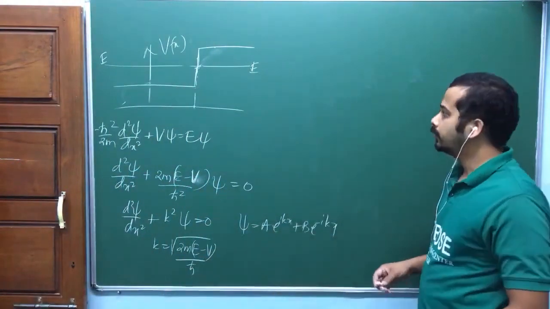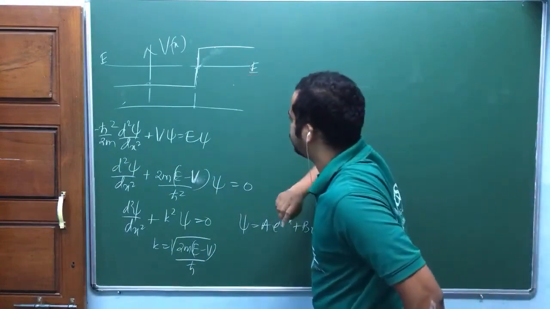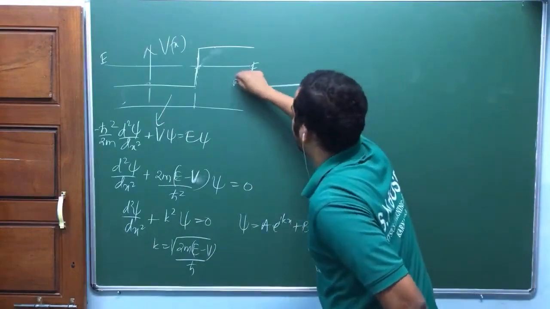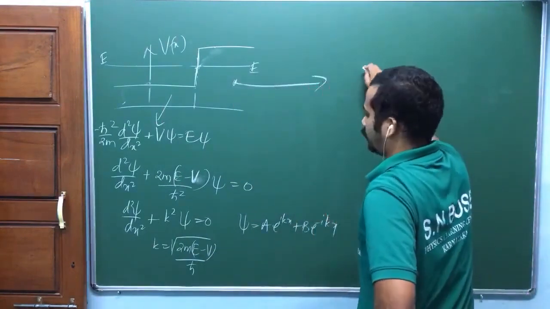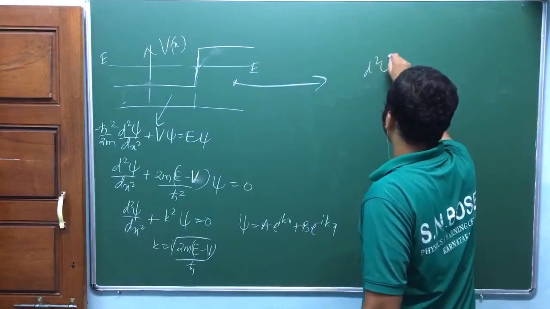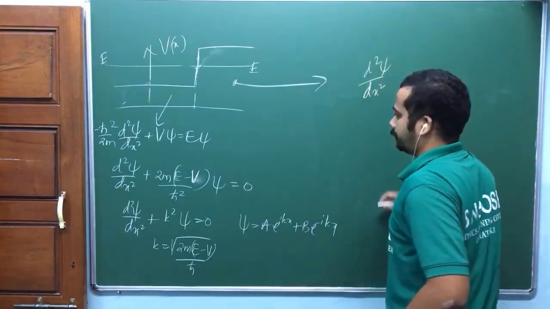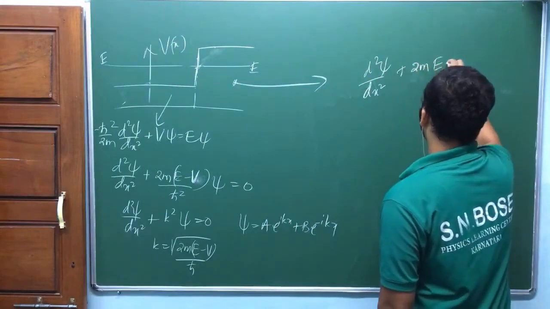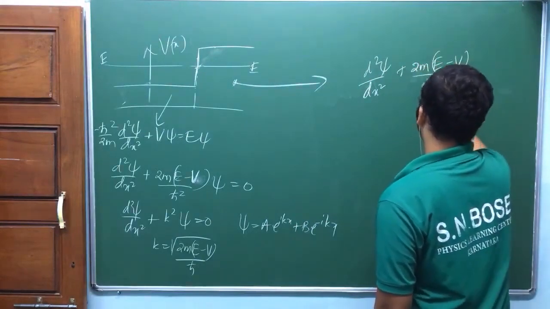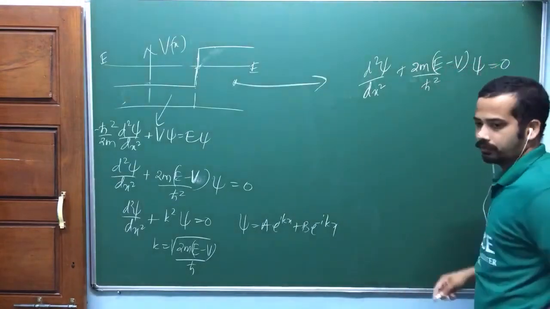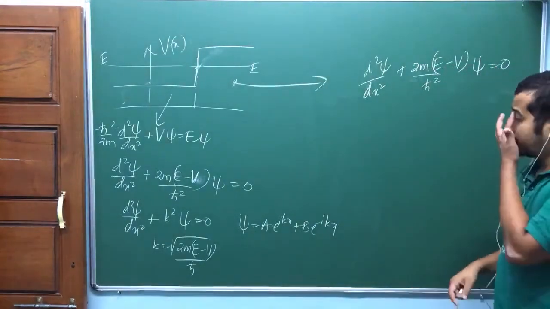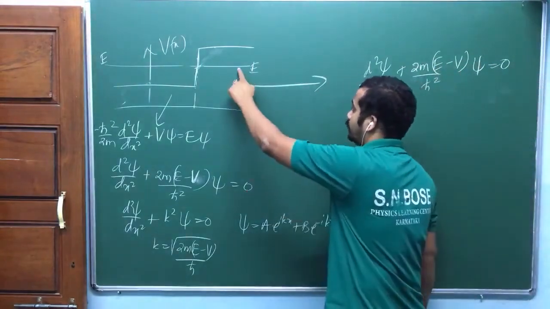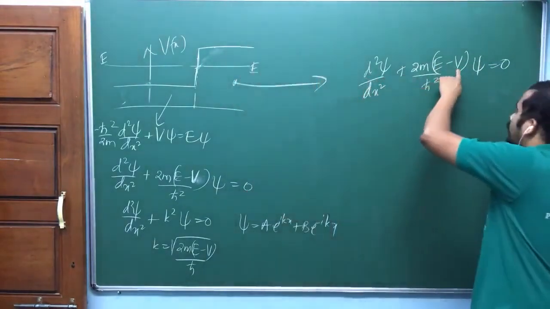Observe that one, okay? So let me take this other region. In this region, d square psi by dx square plus 2m(E minus V) by h bar square psi is equal to 0. Now look at this carefully. E minus V is negative here, am I right? E is less than V here. V is higher.